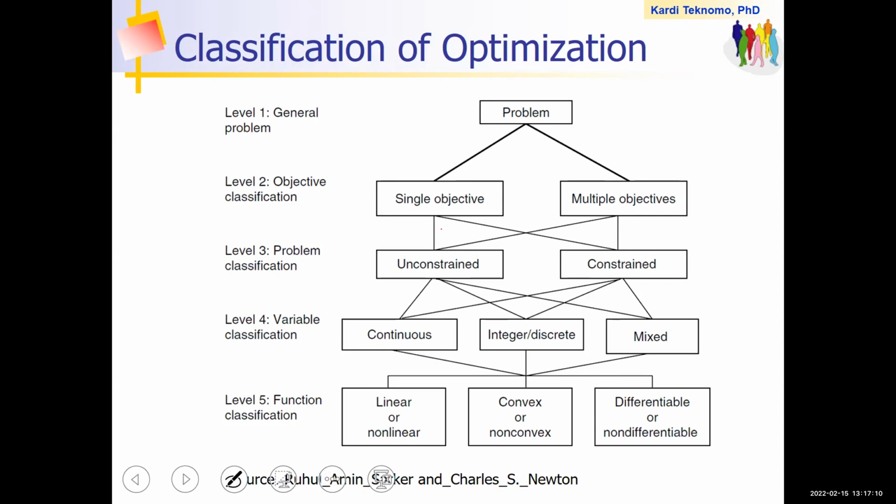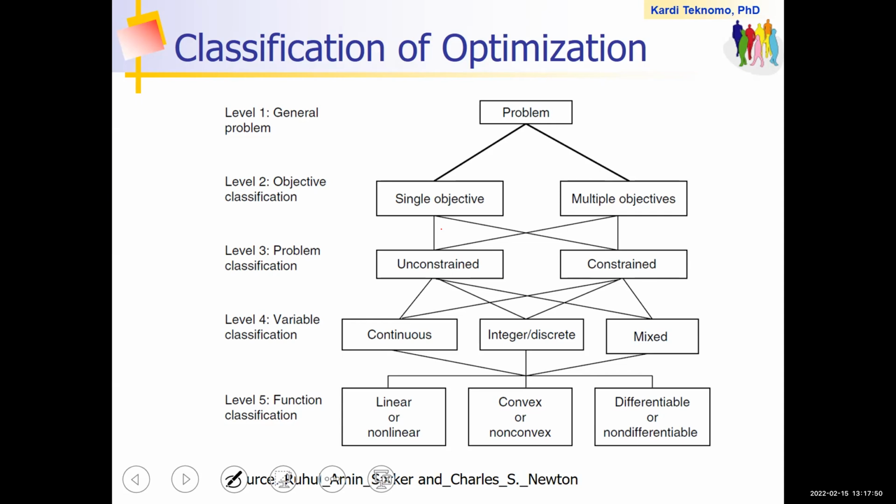Now, optimization problems can be classified like this. When you have a problem, think about how many objective functions. Usually you have only a single objective, or you can have multiple objectives. Then check whether the problem is constrained or unconstrained. And check what the variables are: continuous, discrete, or mixed between discrete and continuous.